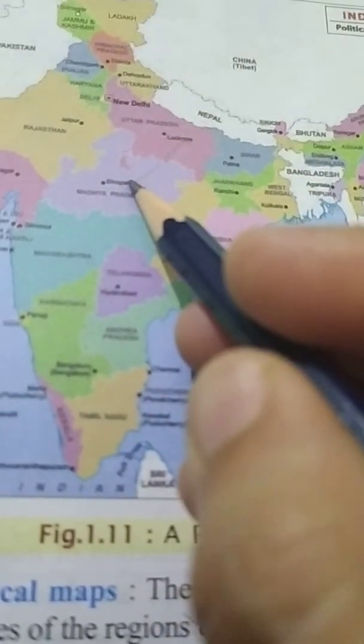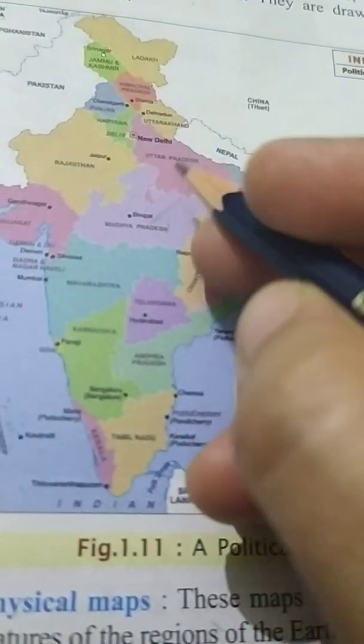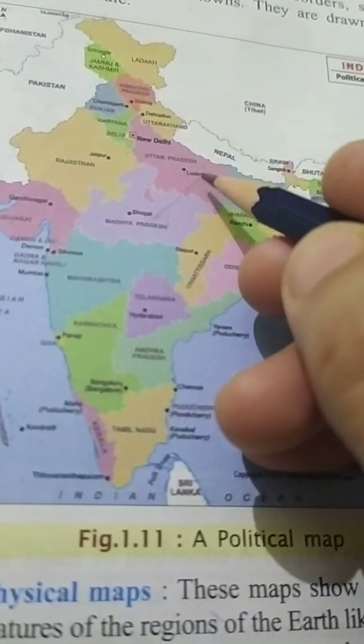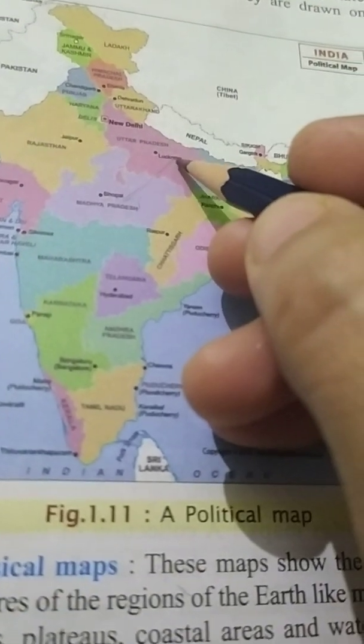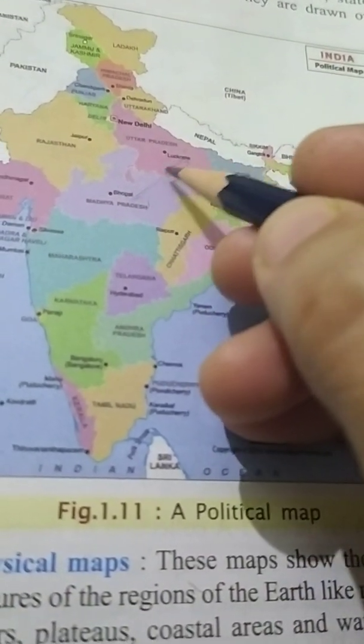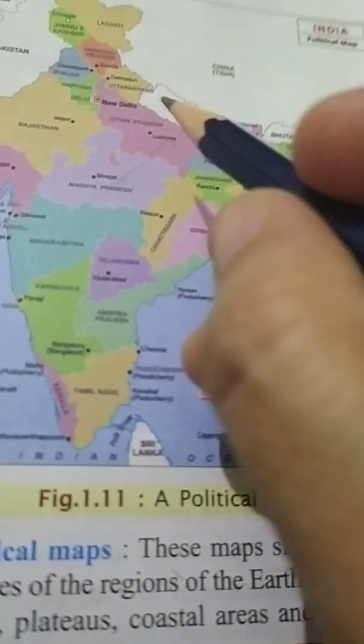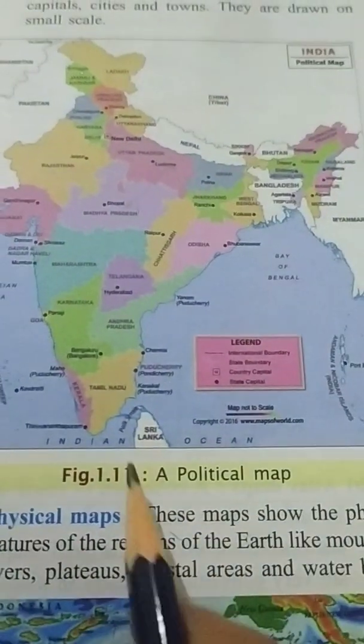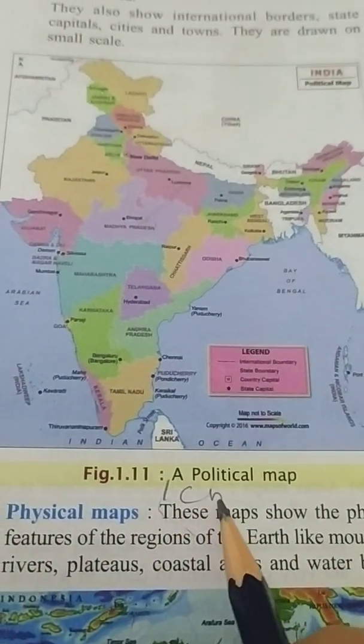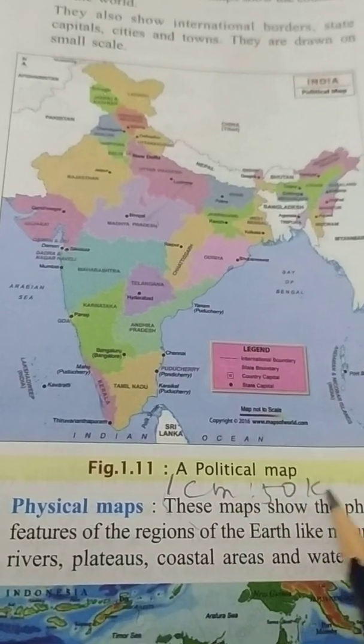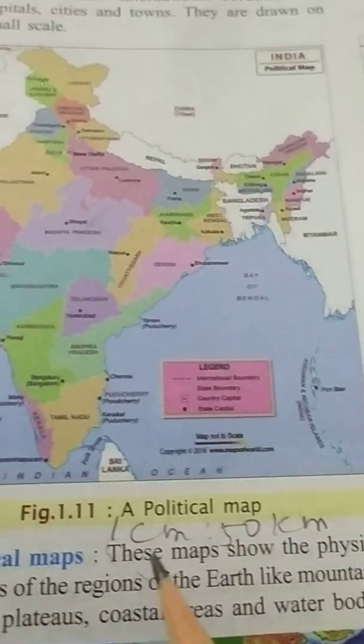So most of the time 1 centimeter on the map is equal to 50 kilometers on the actual ground. For example, if Bhopal and Lucknow are 5 centimeters far away from each other, and 1 centimeter is equal to 50 kilometers, we will convert it to kilometers.